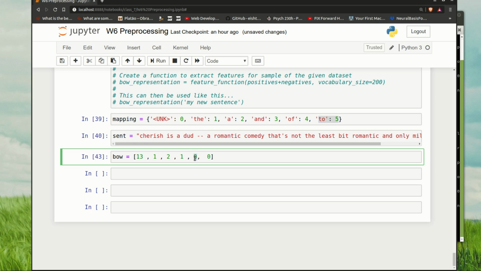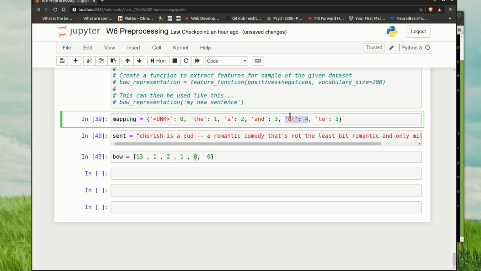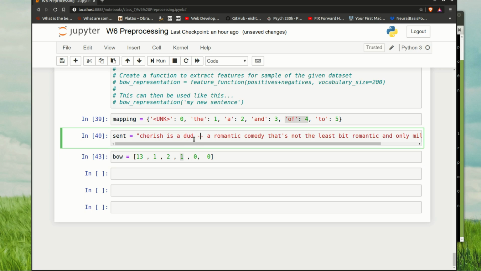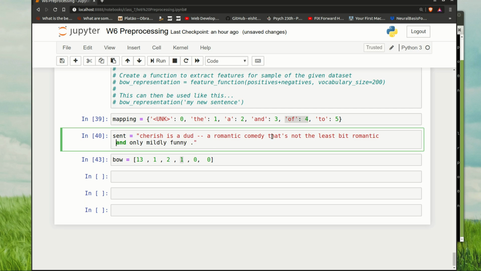This 0 here indicates that there is no occurrence of the word of. This 1 here indicates that in the sentence, I mean, if we read the sentence, I'm going to cut the string here just so that we can see it.